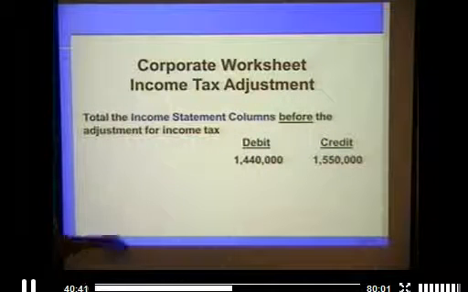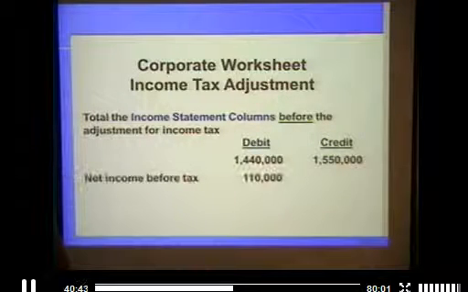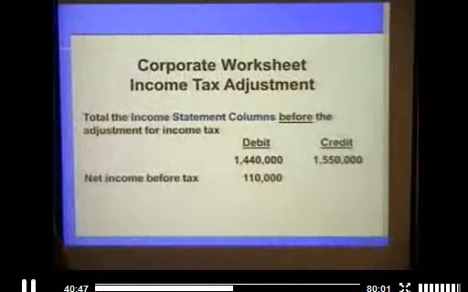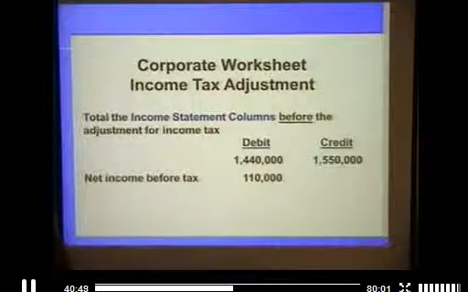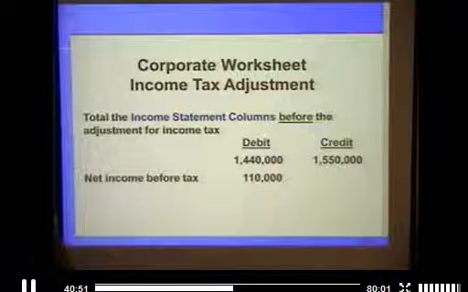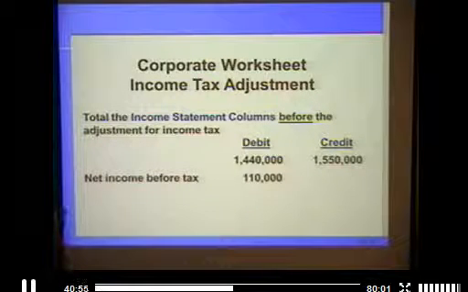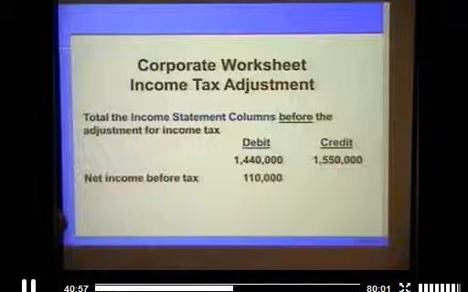We're going to go ahead and figure out the net income before tax. Okay, so we'll come up with a net income before the tax is taken out. This is the tricky part of it. This is the one thing that can be tricky.